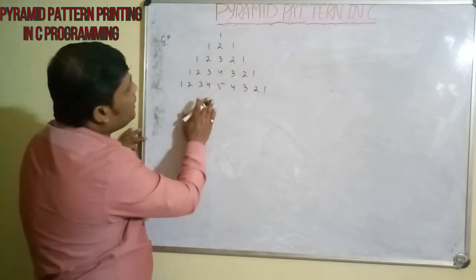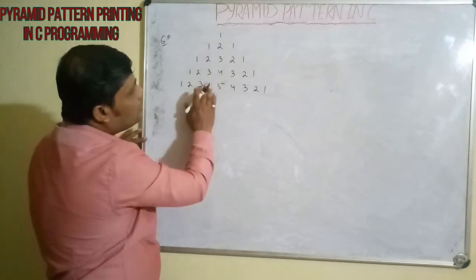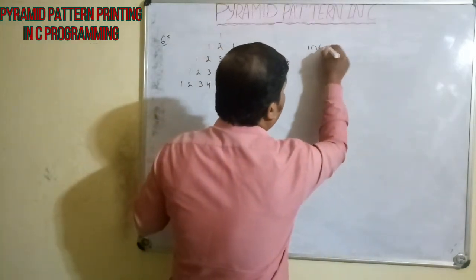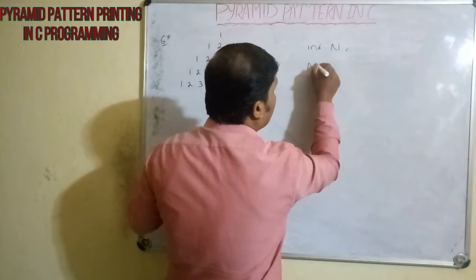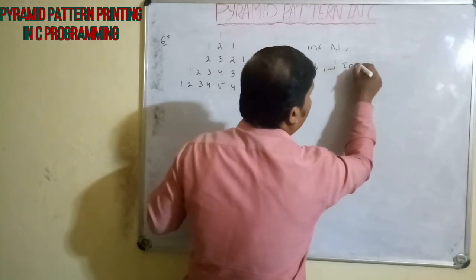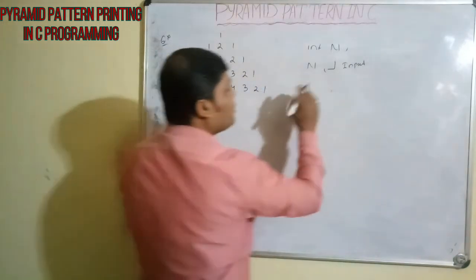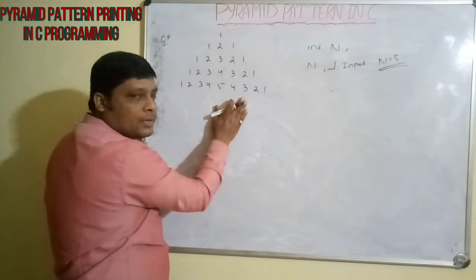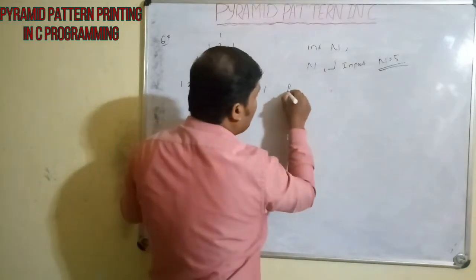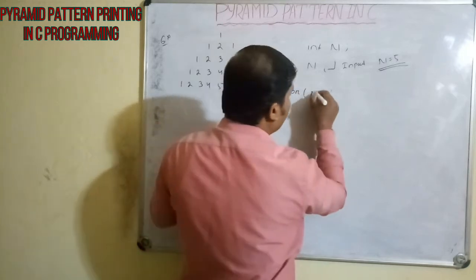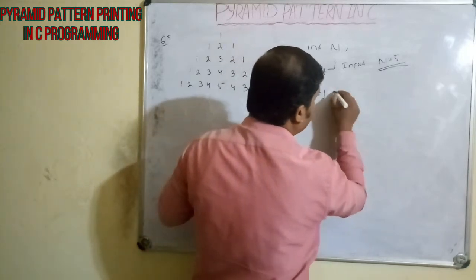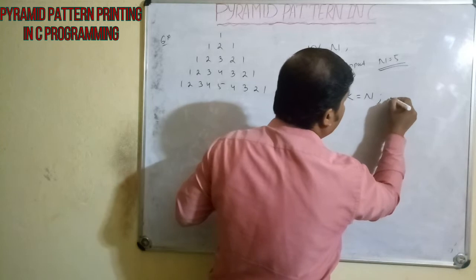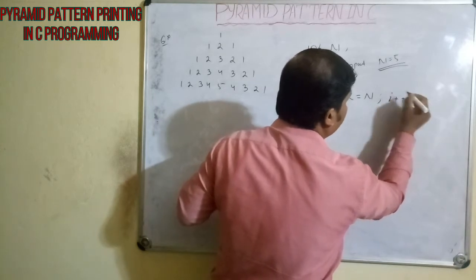Just see, to print this pattern, you can see the number of lines is 5. So for the number of lines, suppose I am taking one variable n, and here we have to input the value of n. Suppose I am taking n equal to 5 because there are 5 lines. Clear? And I am taking one loop for the line number, suppose i equal to 1, i less than or equal to n, and i plus plus.